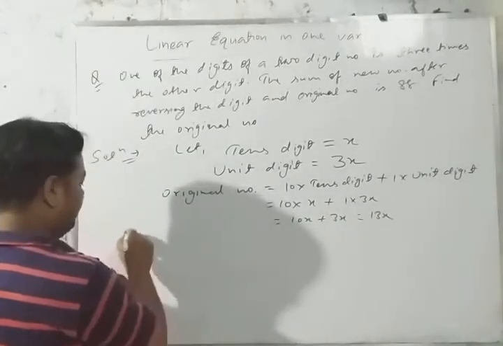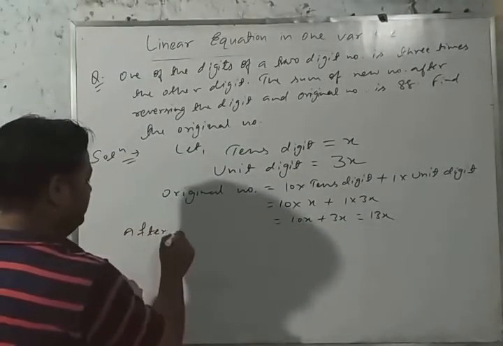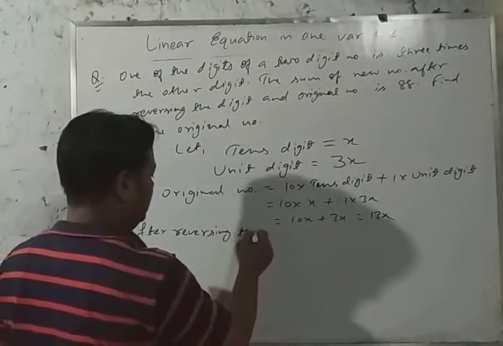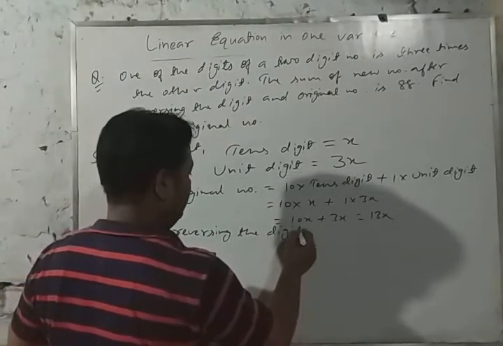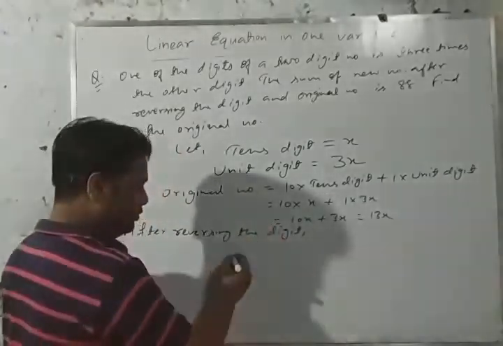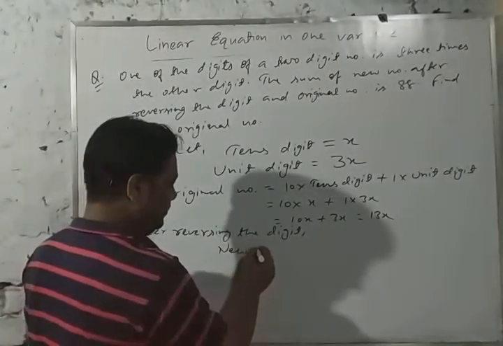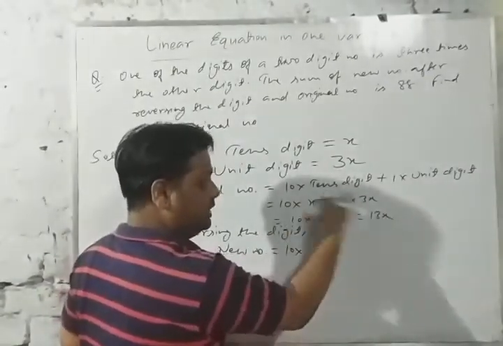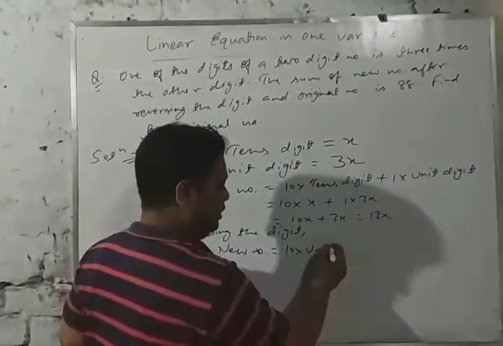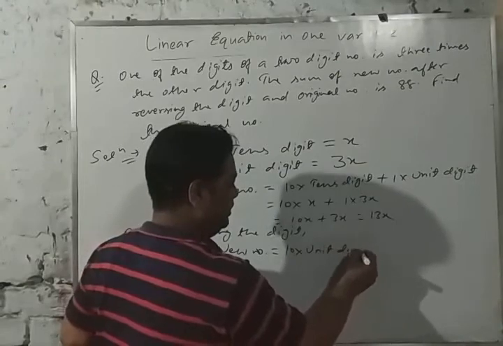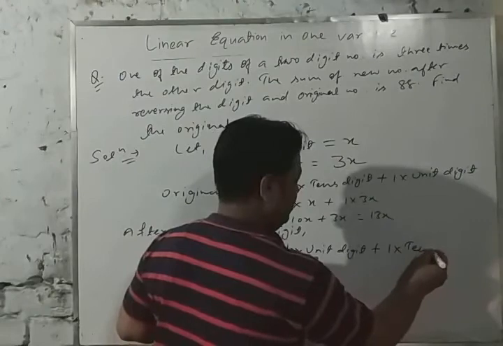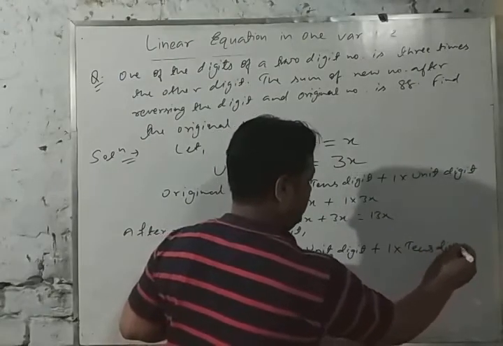Now, after reversing the digits, we will get a new number. So write new number. New number means reversing the digits: 10 into unit digit plus 1 into tens digit.